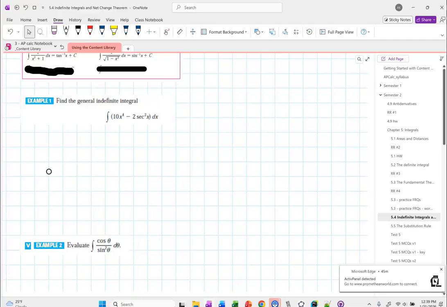All right, so how do I do something like this? Well, I'd start by distributing the integral symbol across my function and then pulling the coefficients out front.